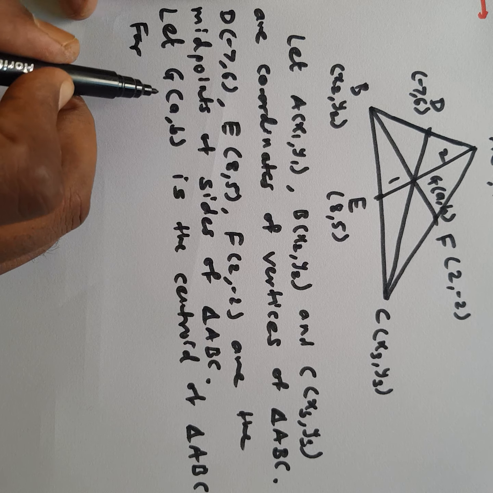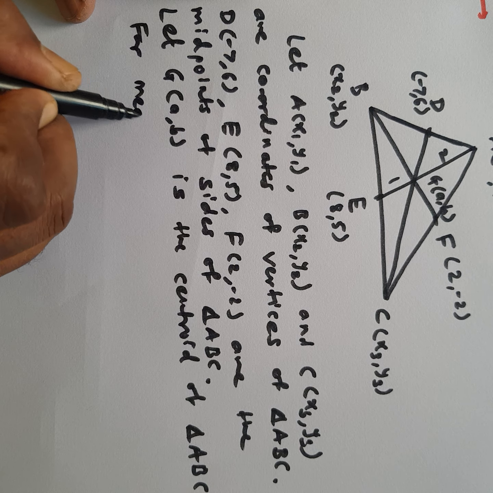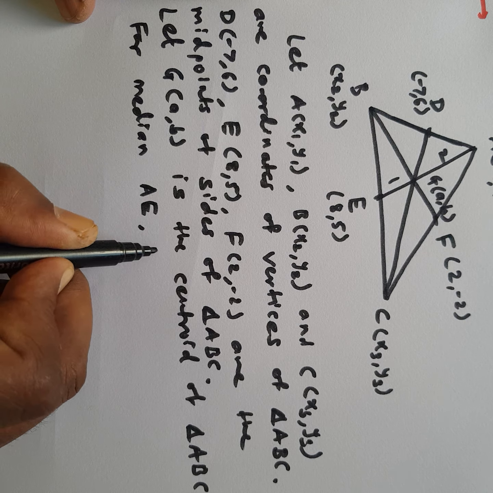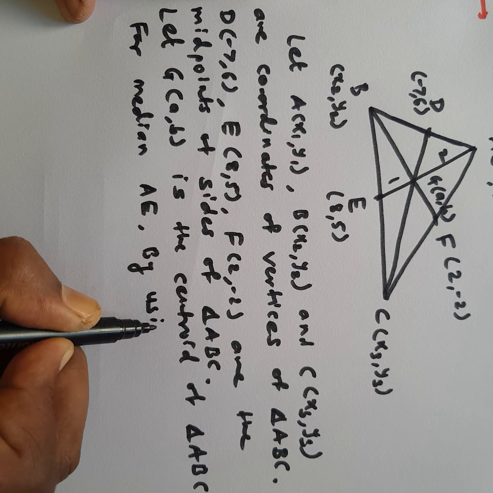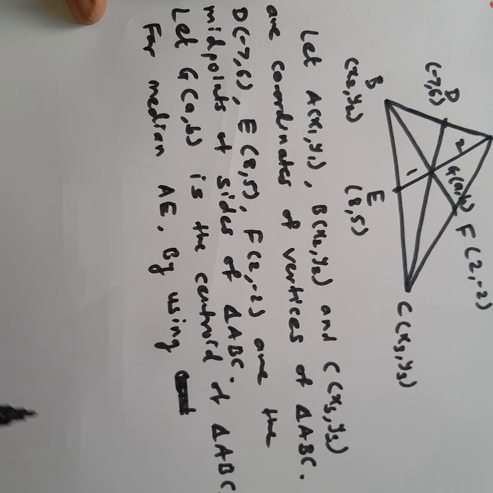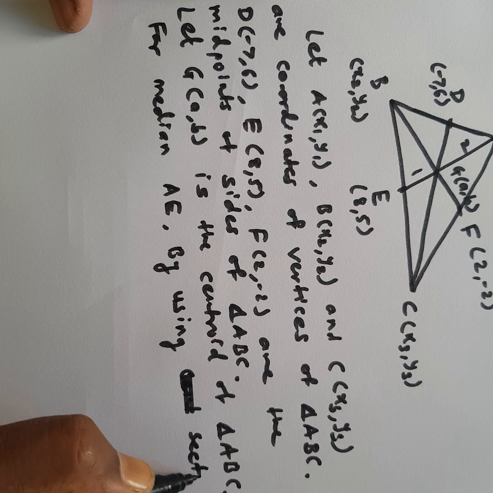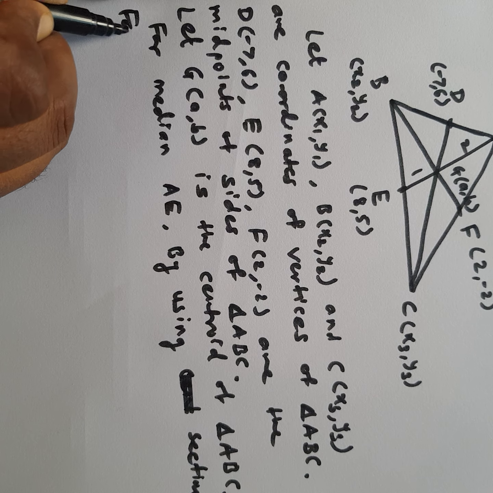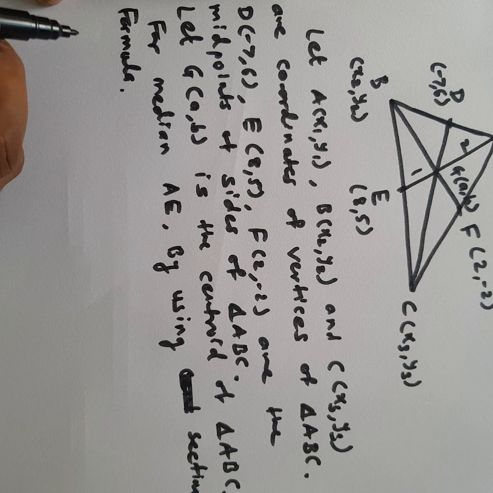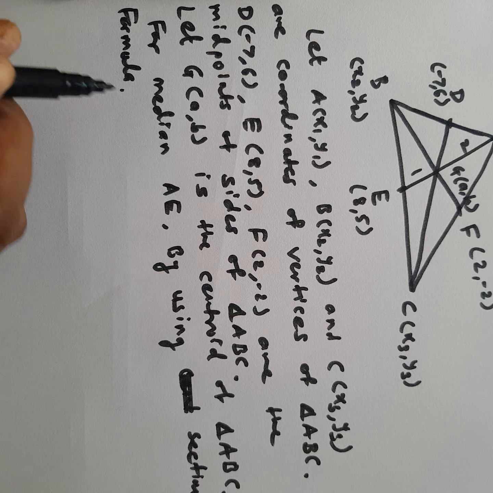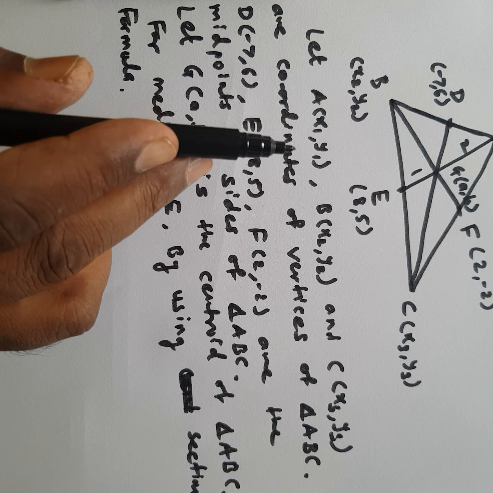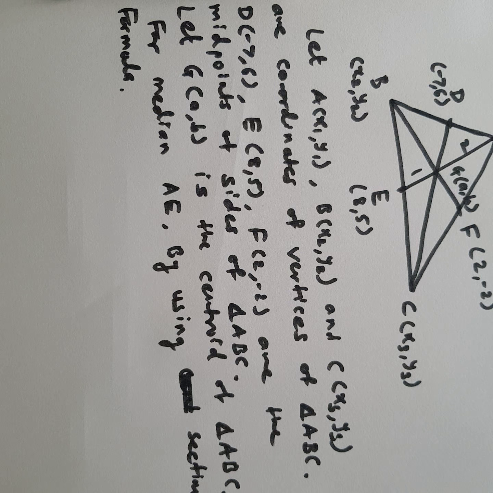For median AE, by using the section formula, here point G divides segment AE in the ratio 2:1.